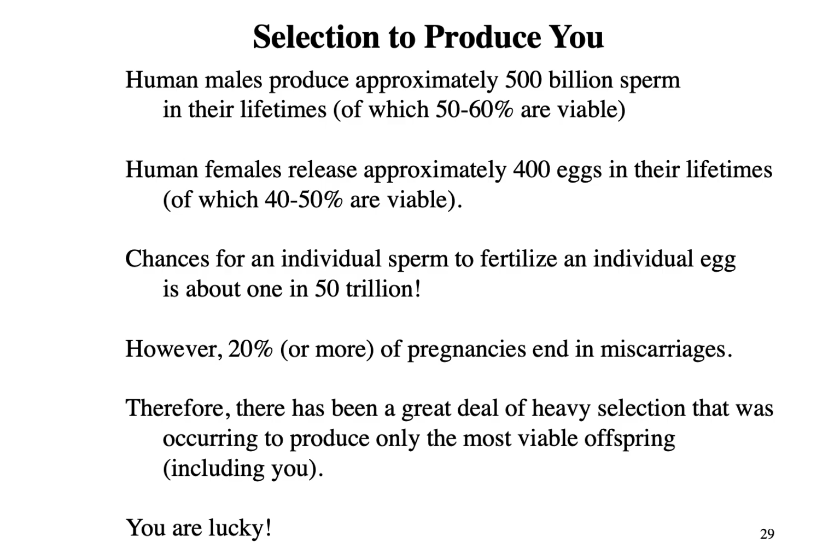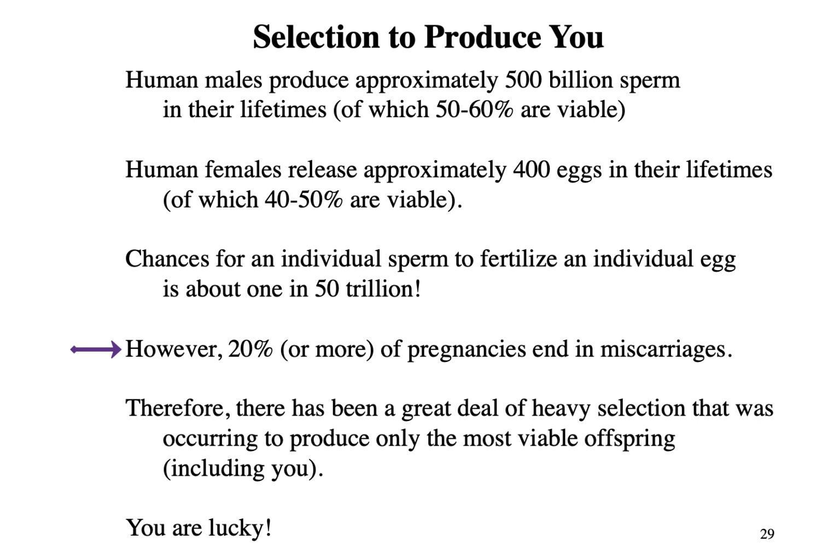Here I use you as an example of selection. So human males produce approximately 500 billion sperm in their lifetime, of which about 50 to 60% are viable. Human females release approximately 400 eggs in their lifetimes, of which approximately 40 to 50% are viable. The chances of an individual sperm fertilizing an individual egg is about 1 in 50 trillion.